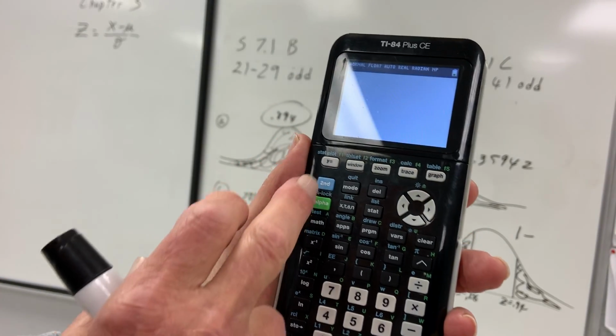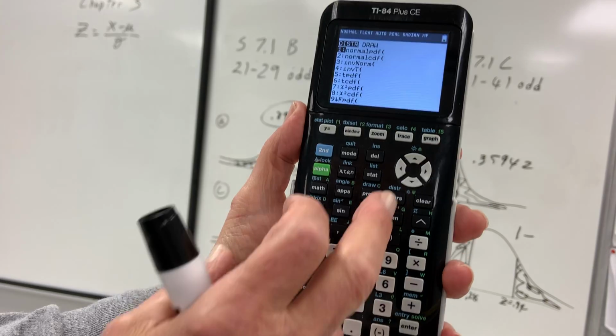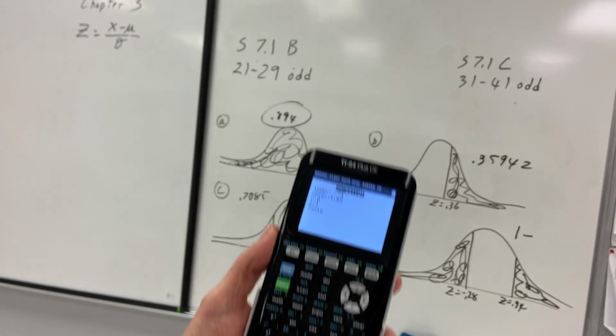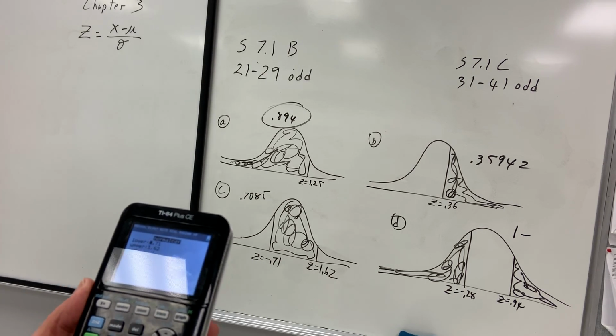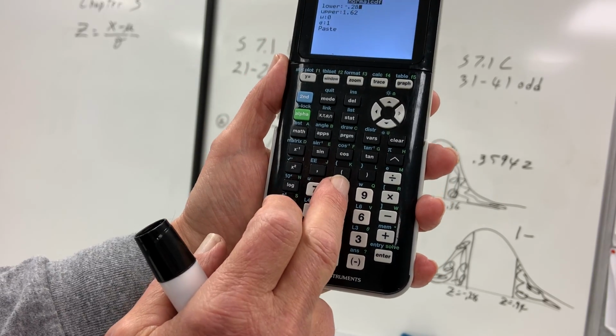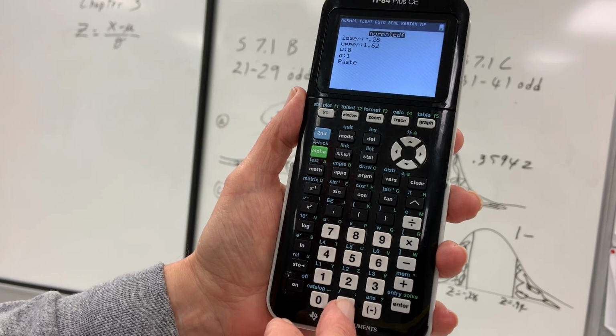Again, I'm going to come in here and go to second distribution. I'm going to come down to number 2. I'm going to hit enter. And this time we're going to use the lower as negative 0.28. And our upper is going to be 0.94.